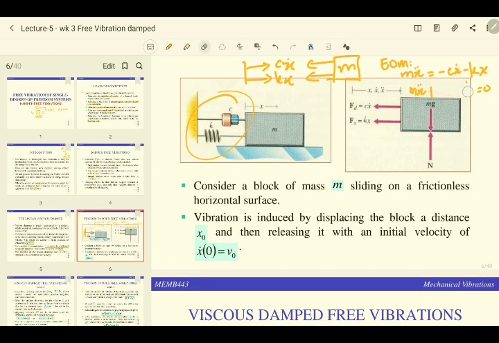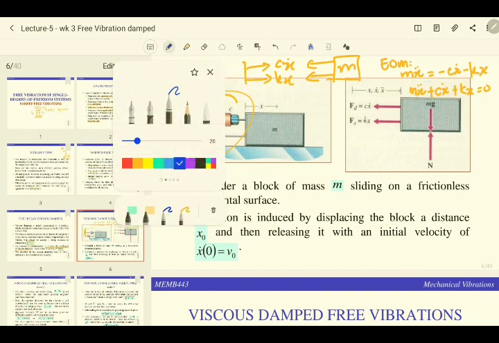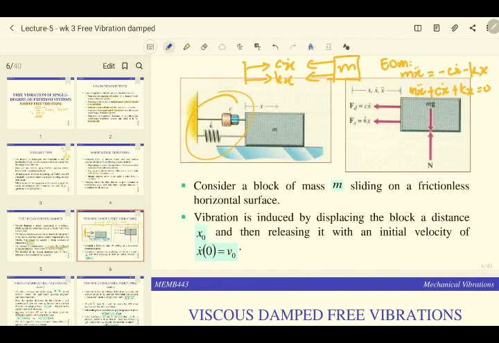Or maybe I do it the conventional way, where you would write your m x double dot plus c x dot plus kx equals 0, to relate with this figure.